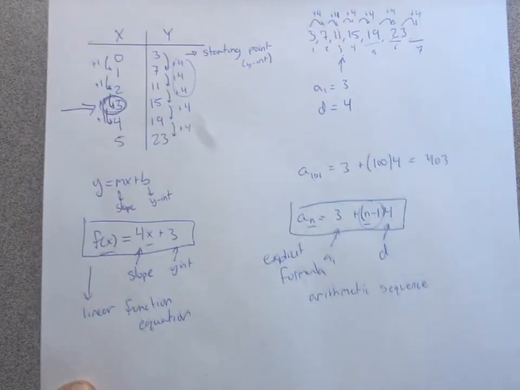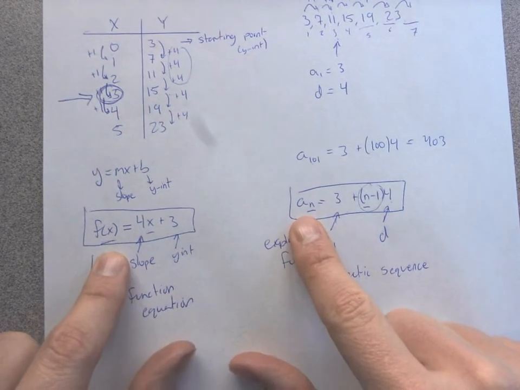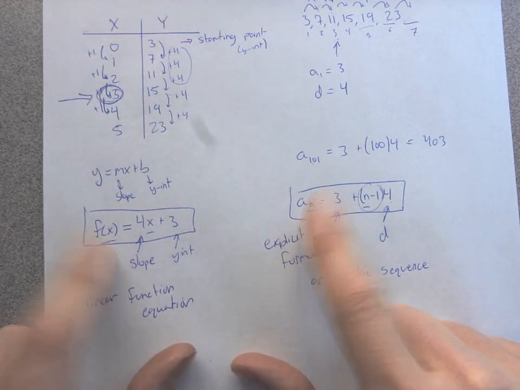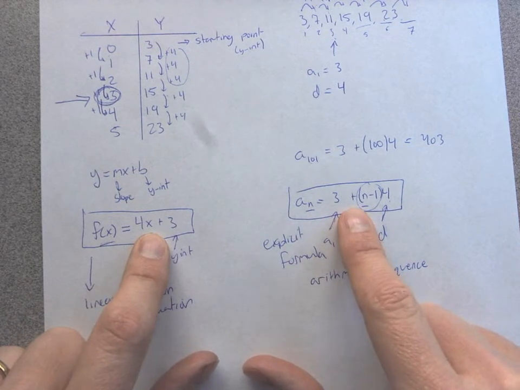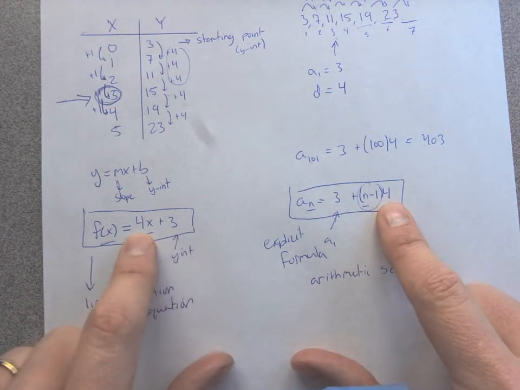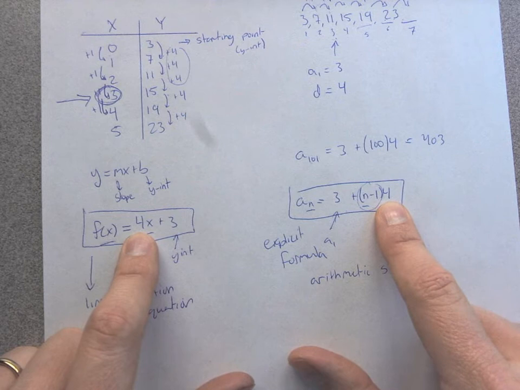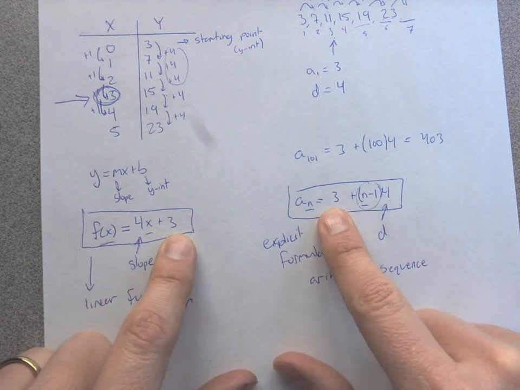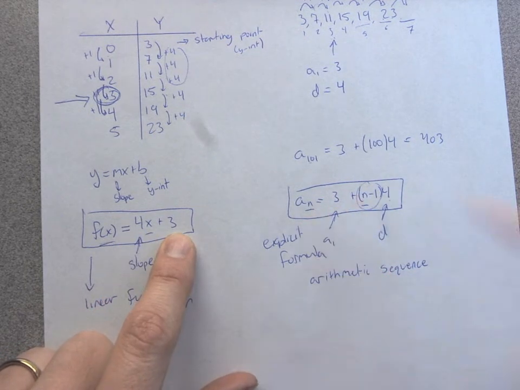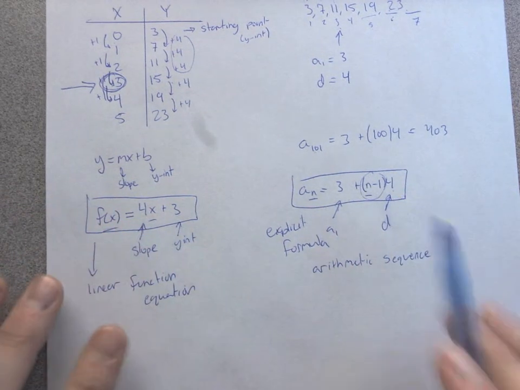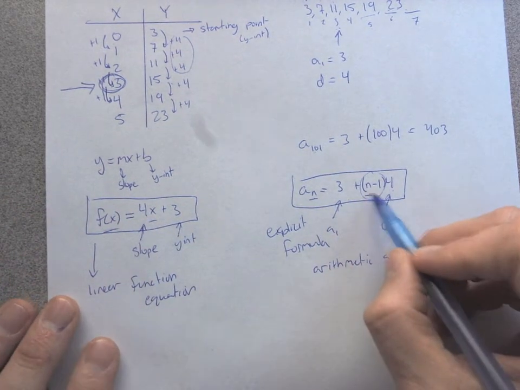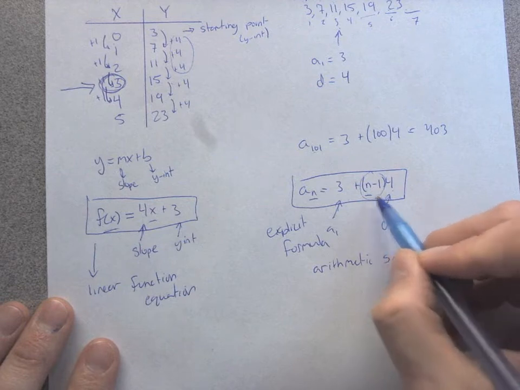Okay, so how do they compare? Well, they both have their own notation, right? F of x, a of n. They both have an input variable. This one's x, this one's n. They both use a kind of constant rate of change, common difference idea. They both have a starting point. The difference here is the notation is slightly different, the order is slightly different. Also, this has an n minus 1 instead of just an n.